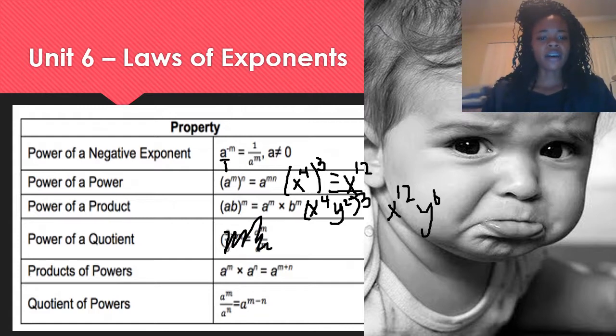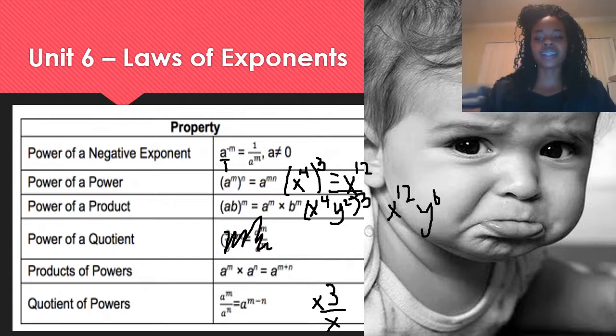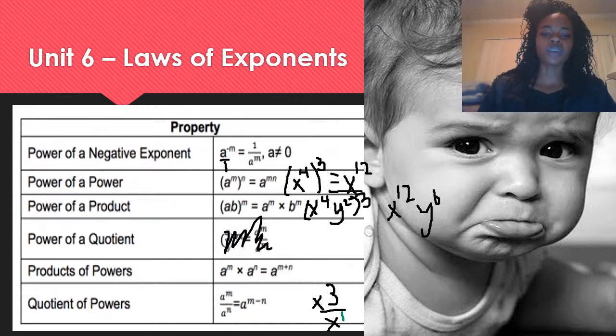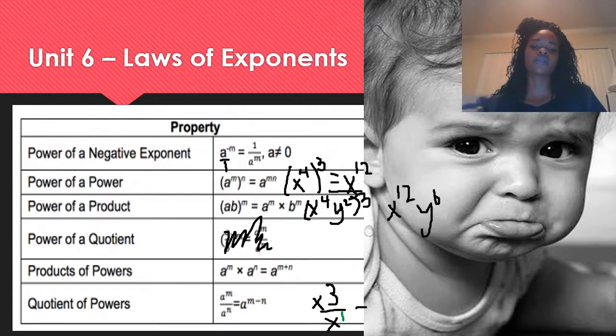A to the m divided by a to the n is a to the m minus n. So what does that look like? X to the third divided by x. Now remember, this x on the bottom, even though we didn't write it, it's an imaginary 1 right there. So this x is to the power of 1. All this rule is telling us is that if we have x cubed over x to the first, you subtract. So what's 3 minus 1? 2. So x squared. That's all it is.